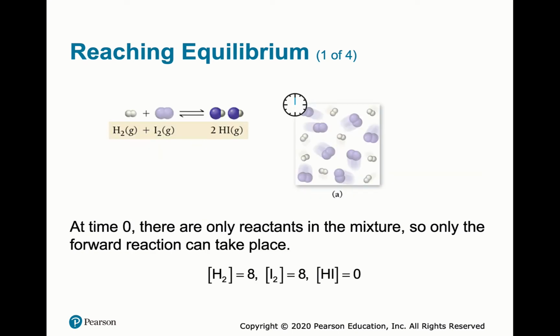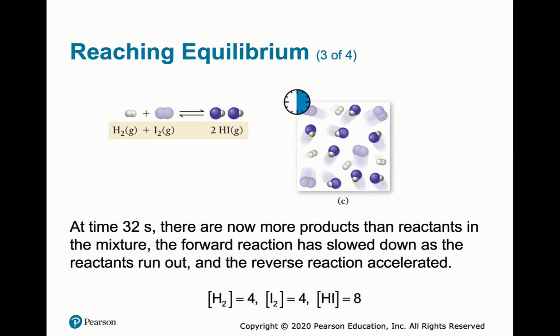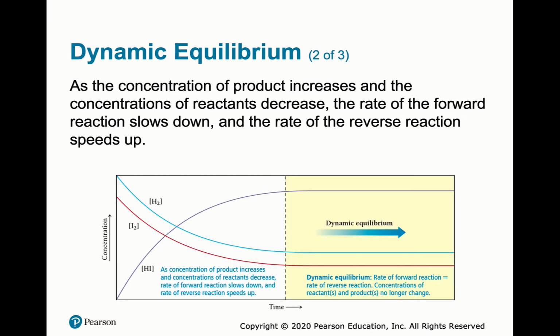For instance, if you have hydrogen and iodine making two hydrogen iodide, initially you just have reactants, then as the reaction goes, eventually it reaches equilibrium, where the forward rate is the same as the reverse rate. And this is equilibrium.